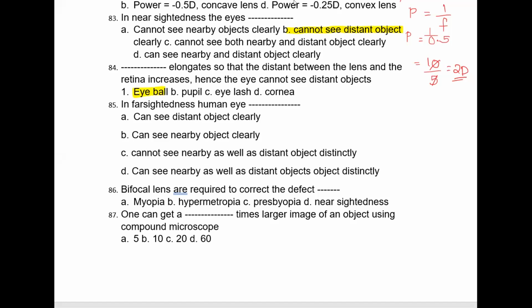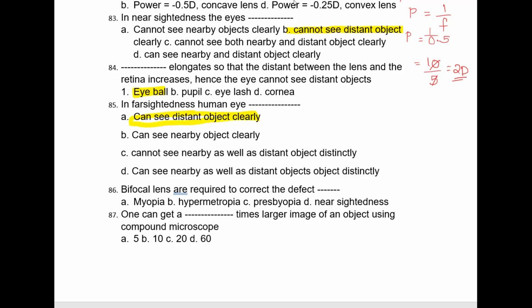Next question. In far-sightedness, the human eye dash. Can see distant objects clearly, can see nearby objects clearly, cannot see nearby as well as distant objects distinctly, can see nearby as well as distant objects distinctly. We know that in far-sightedness, a person can see distant objects clearly but is unable to see nearby objects. So option A, can see distant objects clearly, is the correct answer.